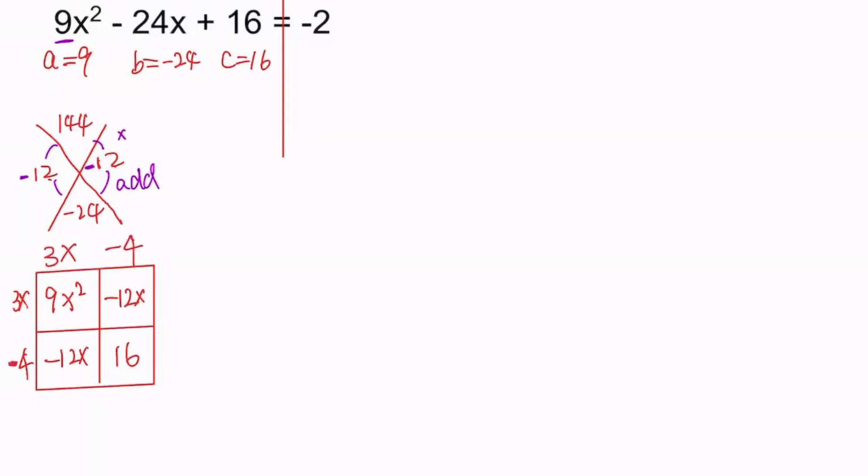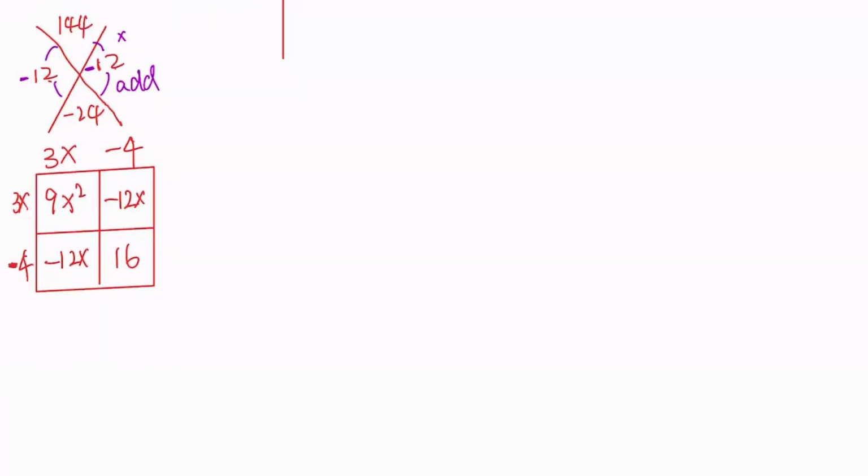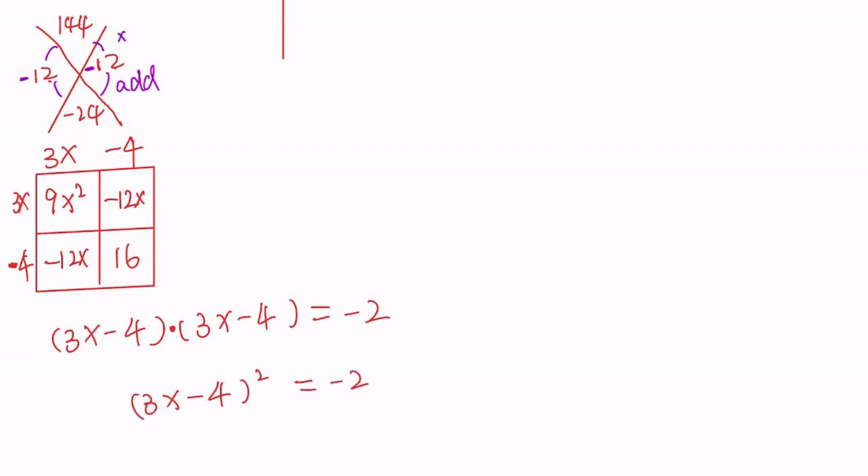So we know that now we can write this equation as 3x minus 4 times 3x minus 4 is equal to negative 2. Okay, so then this is 3x minus 4 squared is equal to negative 2. So we see on the right hand side it's a negative number, so we must deal with the imaginary number here.